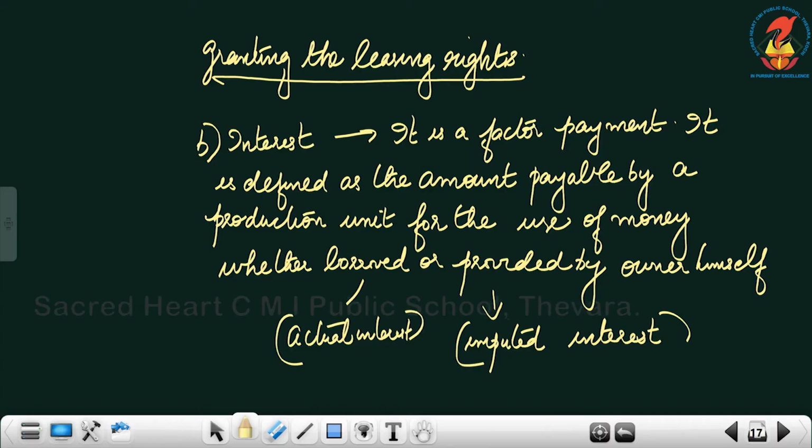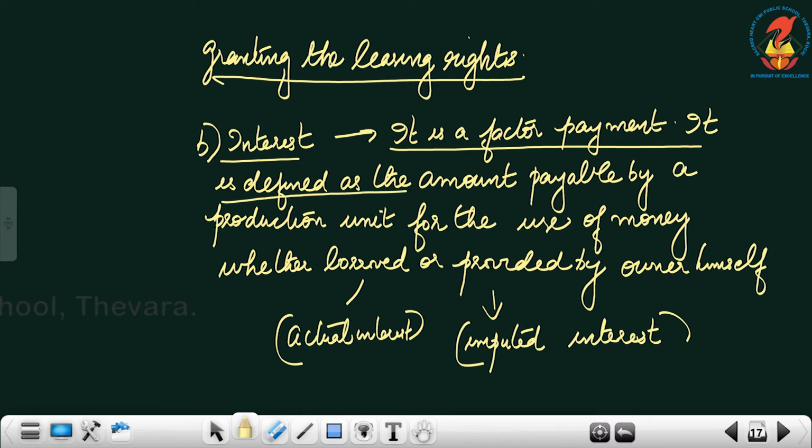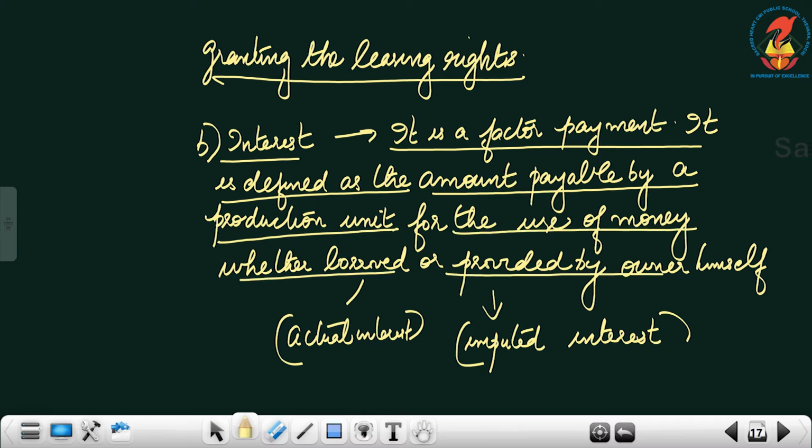Then comes interest. What is this interest? Interest is a factor payment. Definitely it is a factor payment, isn't it? Interest is defined as the amount payable by a production unit for the use of money, whether borrowed or provided by the owner himself.